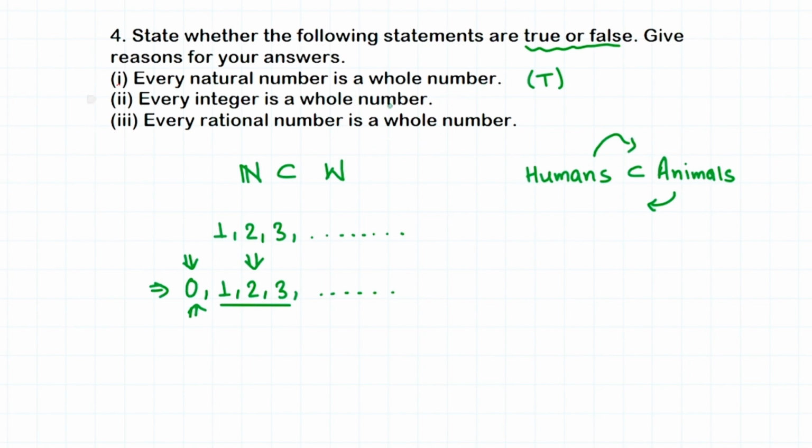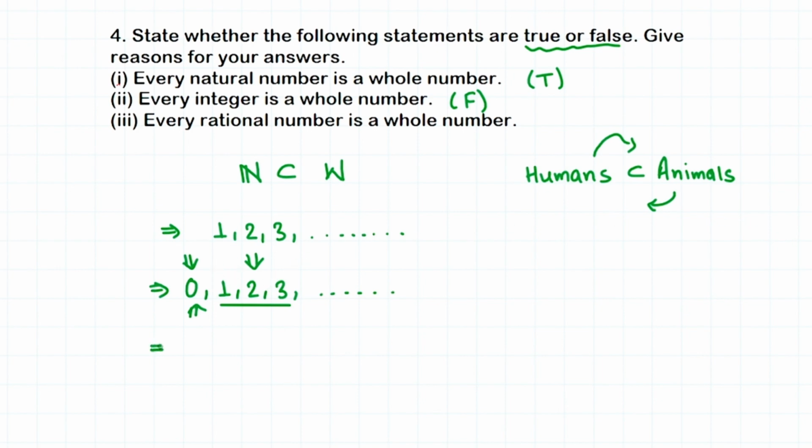Now let's move to our second statement, okay? Our second statement is every integer is a whole number. Now this statement is false, okay? To understand why this is false, you need to know what an integer is, okay? We now know what a natural number is, and what a whole number is, right?